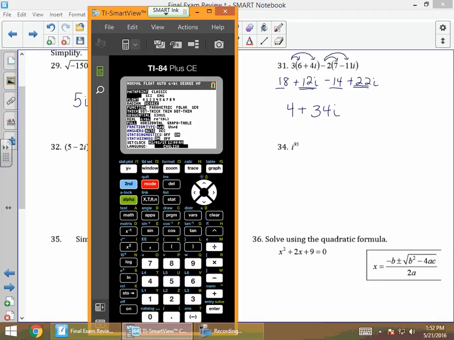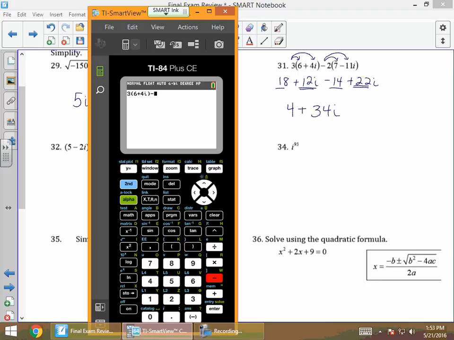If I go to my mode, and I am in the a plus bi mode, you'll see that over here. Let's just see what happens if I do 3 times 6 plus 4i. The i is located by hitting second and the decimal point.